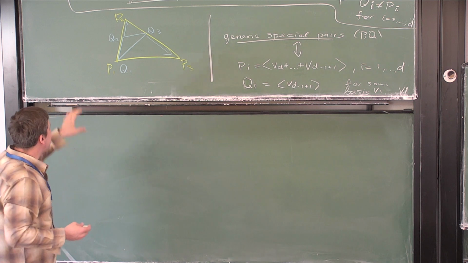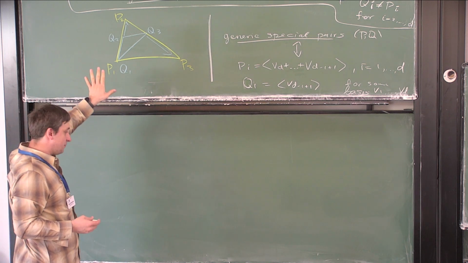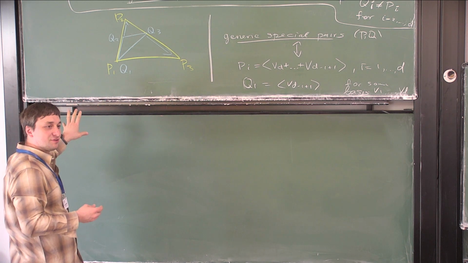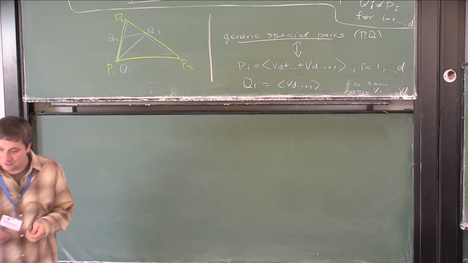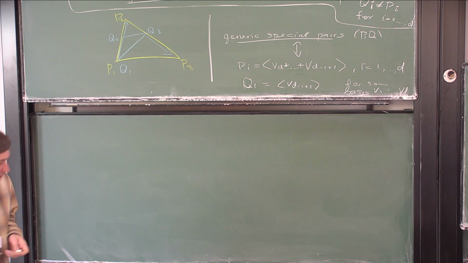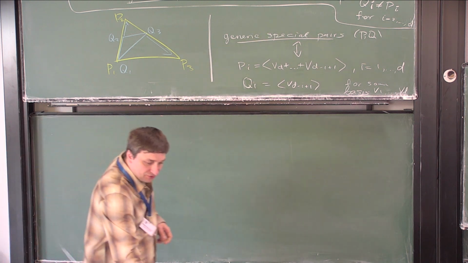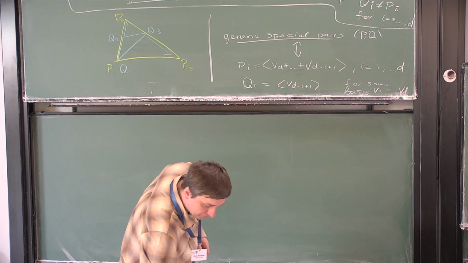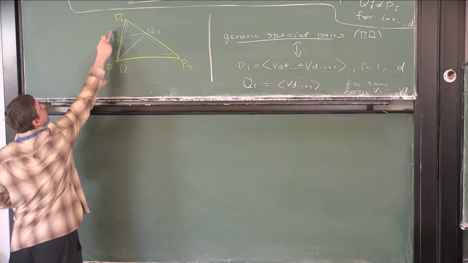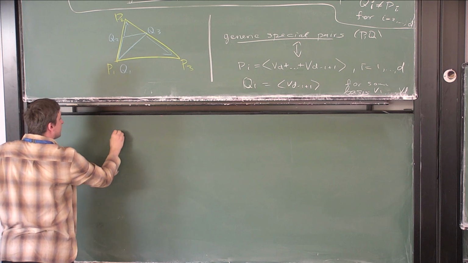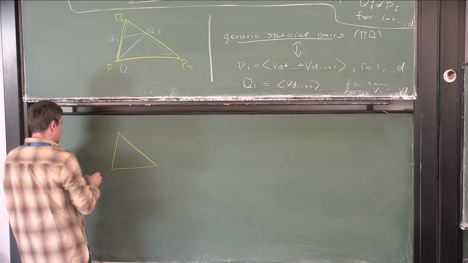The degenerate special pairs are exactly products in the Steinberg module. Let me draw another picture just to explain what I mean. If I degenerate Q2, if I make Q2 equal P2, I'll have a picture like this.